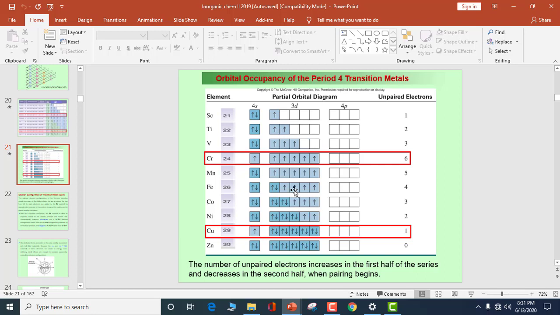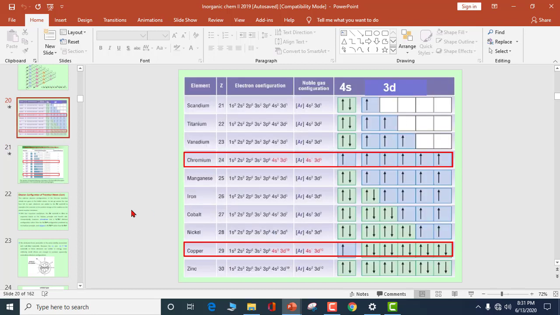And if you see in this table, chromium has the maximum number of unpaired electrons, so it shows much more magnetic property as compared to all of the rest of the elements.